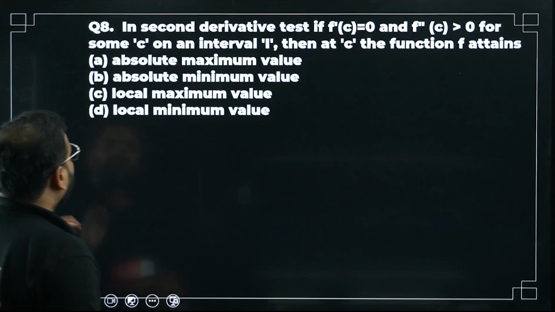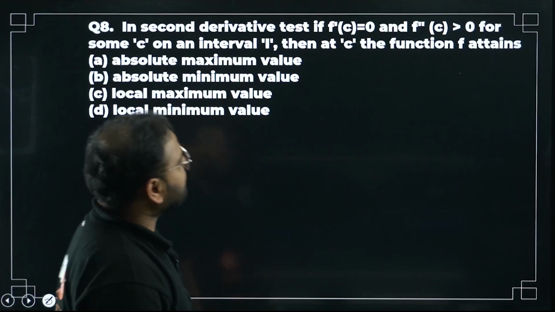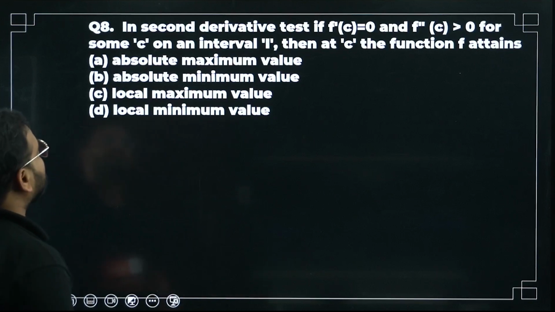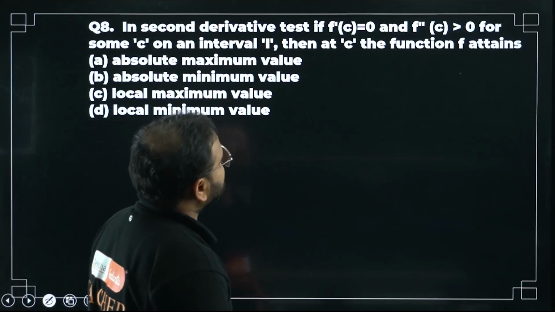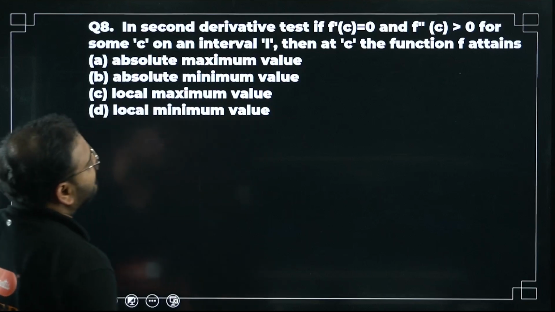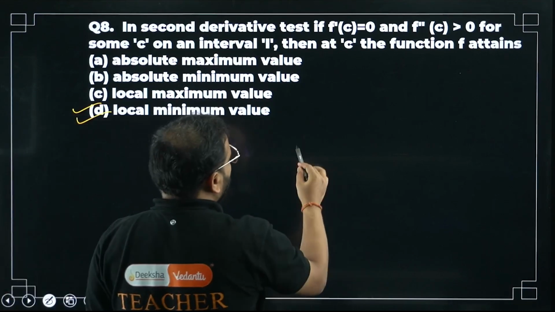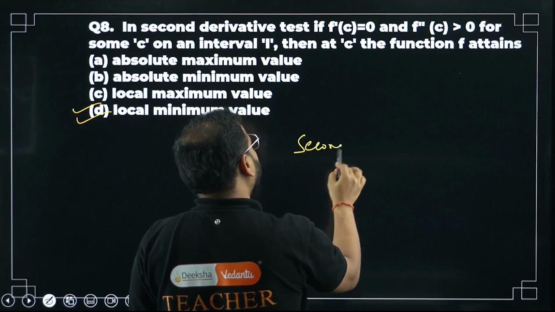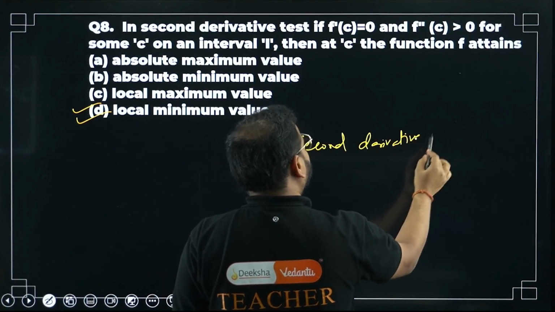In the second derivative test, if the first derivative is 0 and the second derivative is greater than 0 for some c on an interval I, then at c the function will attain what? Local minima. Right? We know this, the second derivative test.